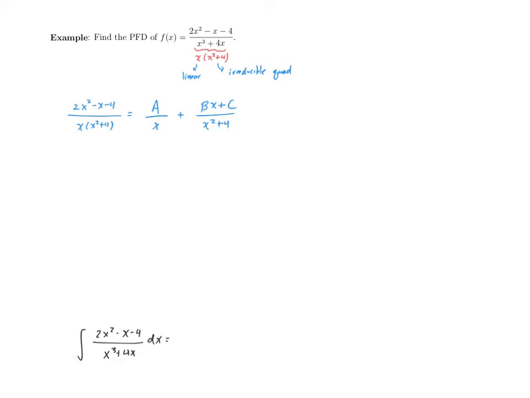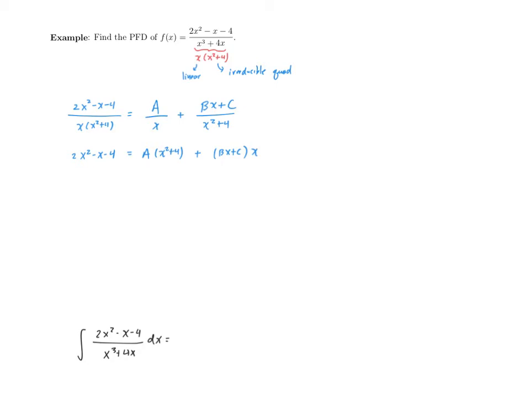Now, following our previous approach, we clear fractions by multiplying both sides by the denominator on the left. That gives us 2x squared minus x minus 4 on the left. On the right, the x's cancel in the first piece, and the x squared plus 4 cancels in the second piece. Whenever it's possible to substitute in an intelligent choice of x, we do so immediately.